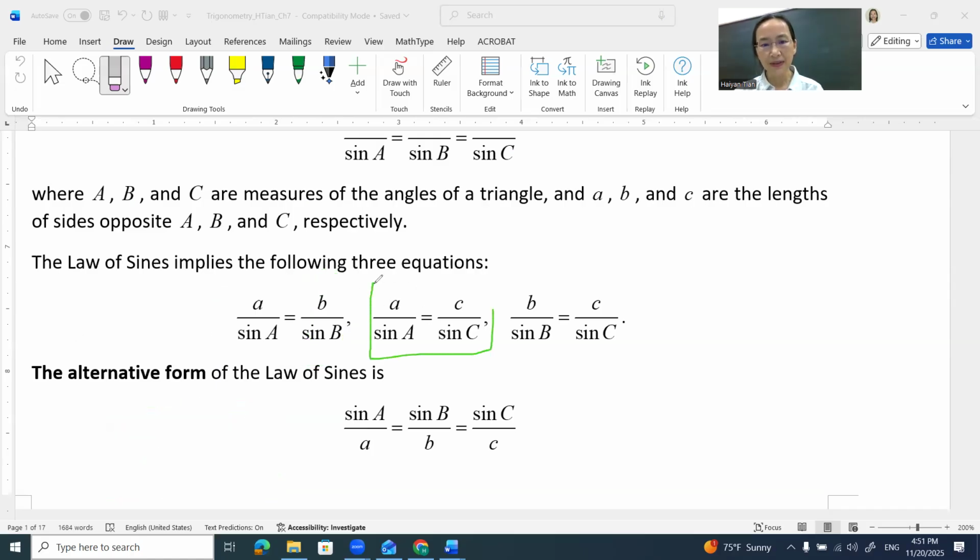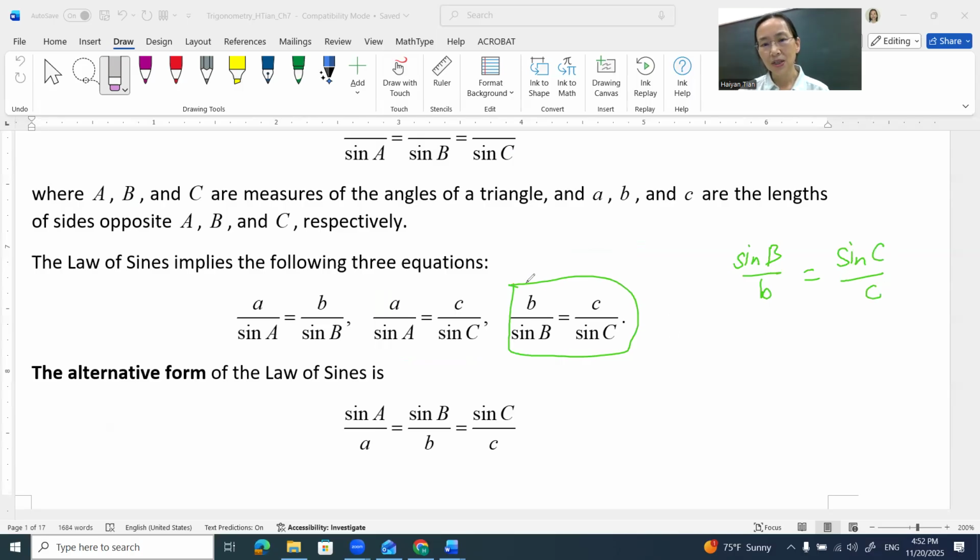That means if these two quantities are equal, then their reciprocals are the same. Similarly, we can flip the fraction and write, instead of a over sine A, sine A over a equal to sine C over c. And sine B over b will be the same as sine capital C over c.